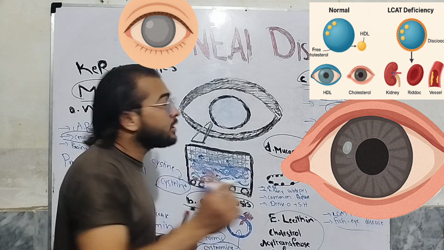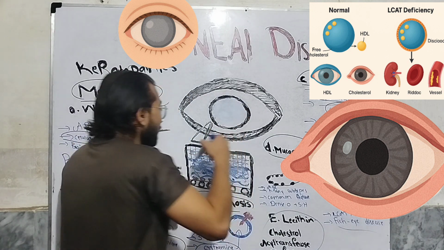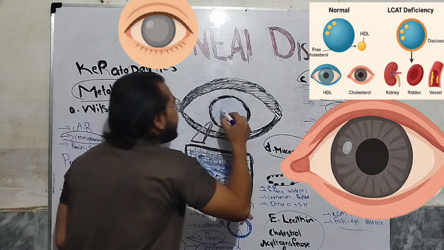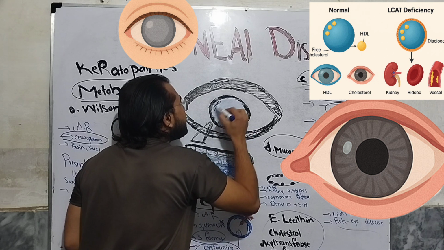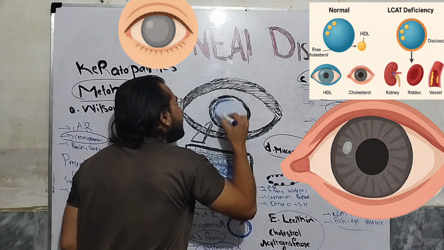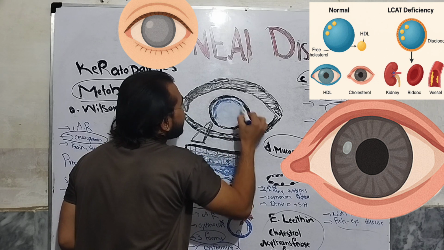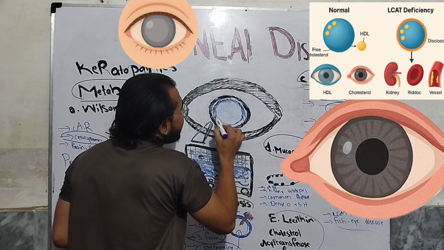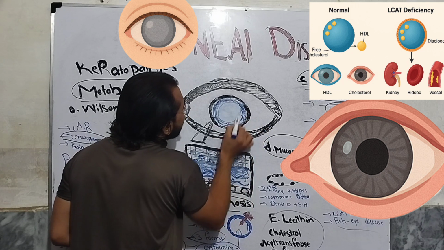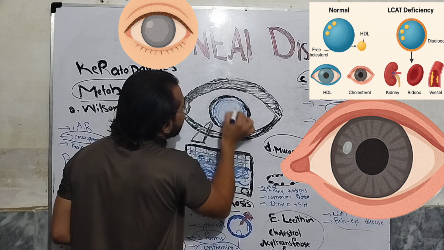In fish eye, when we look through the fish eye, there will be opacities in the periphery, and in the center only a small area will be left.